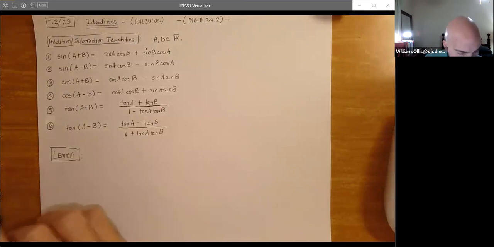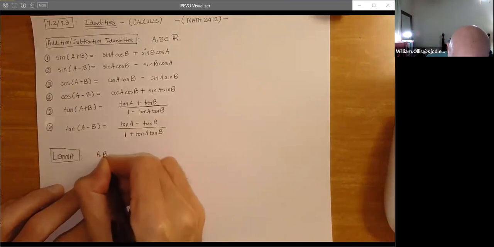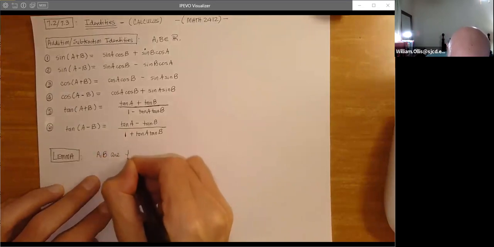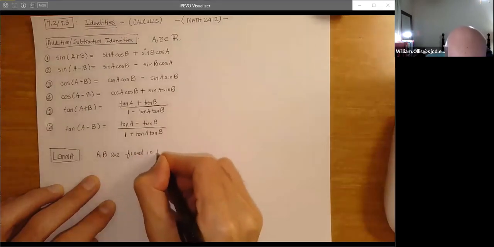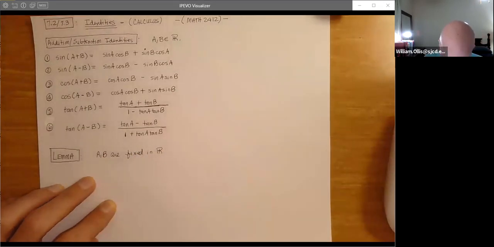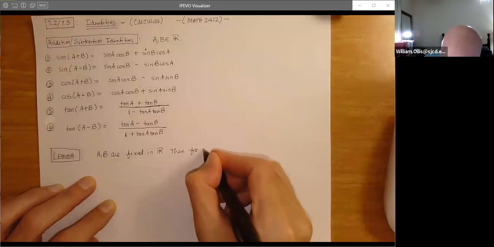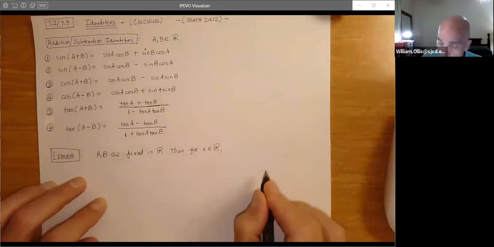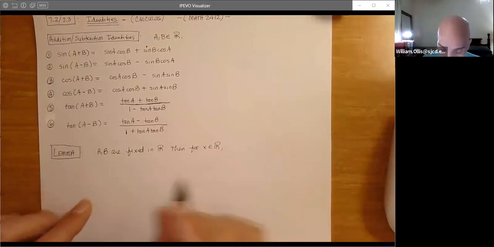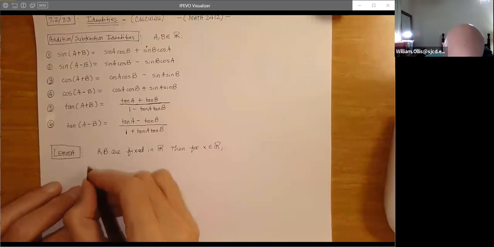So for instance, if we look at it this way, we'll say that A, B are fixed real numbers, fixed in R. Then for x, a real number, we have a way of combining things, and we're going to actually think of A comma B as a point in the plane, and it looks like this.